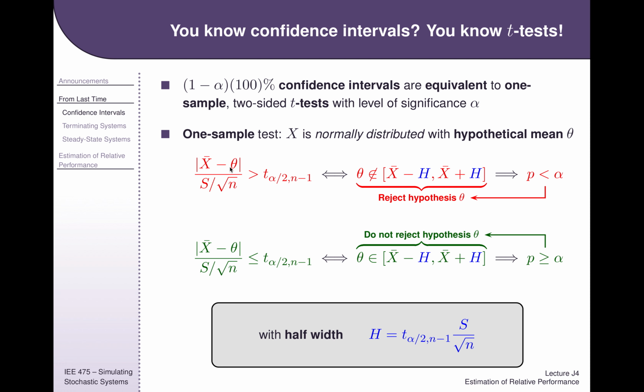So if theta is such that the thing on the left is true, that can only happen if and only if theta is outside this range, where I have this h, this half-width, which I've introduced down here, which is, again, that standard error of the mean scaled by this critical t value. And so these are all of the hypotheses that would be rejected. If I can't reject them, then they're inside the interval. So that's what a confidence interval is.